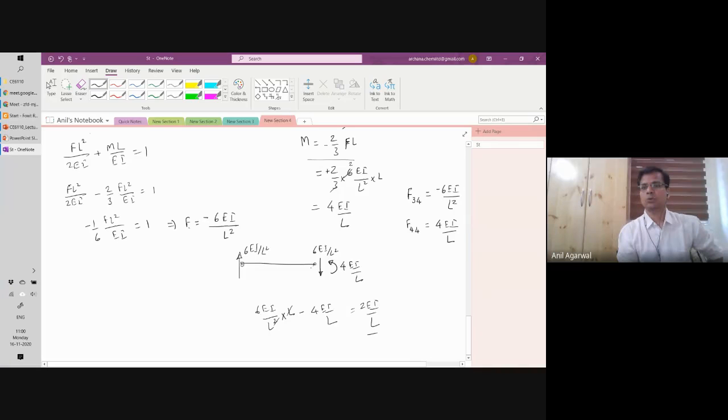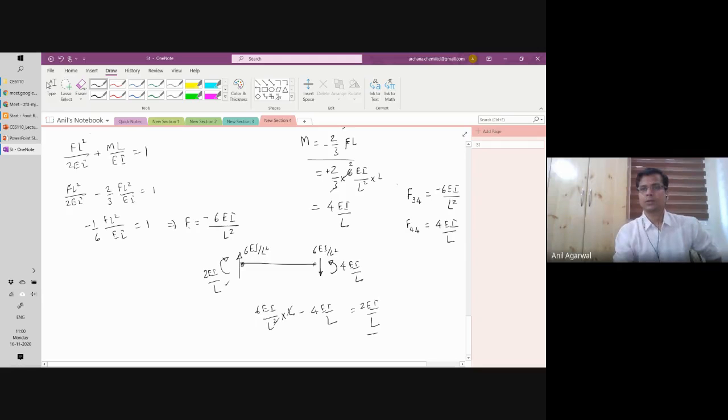I need to apply a balancing moment of 2ei by L in the counterclockwise direction. Agreed? So this will be the moment requirement at this end.